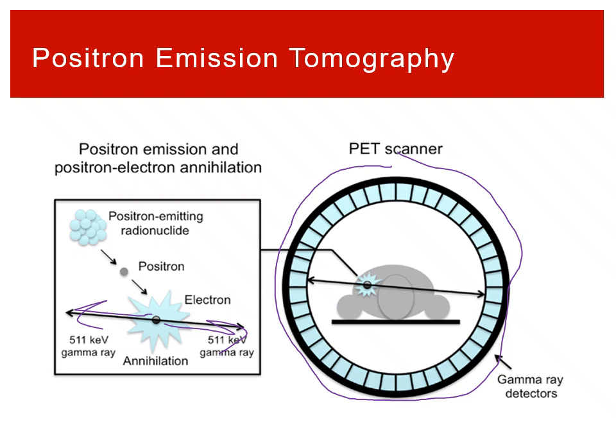Because those gamma rays are emitted in opposite directions, they're creating an explicit line that would show you the point in space where that nucleus was when the emission happened, when the positron was emitted and those two gamma rays came out. So it's sending out this signal: this is the location of the nucleus.